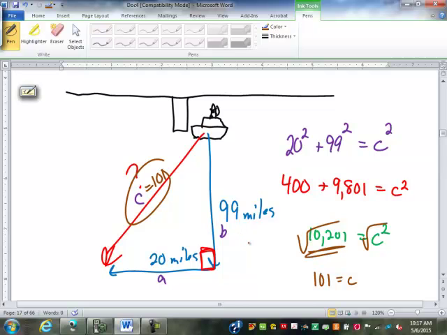Which always seems strange to people because they go 99 miles south and then 20 miles to the west, and they're still only a couple miles further away than they were when they turned. It's kind of strange that way. It has nothing to do with the curvature of the Earth, though. We're assuming a flat surface, and on a small scale, you assume a flat surface on the Earth. 99 miles is not a large enough distance to have a significant curvature of the Earth that you have to consider.